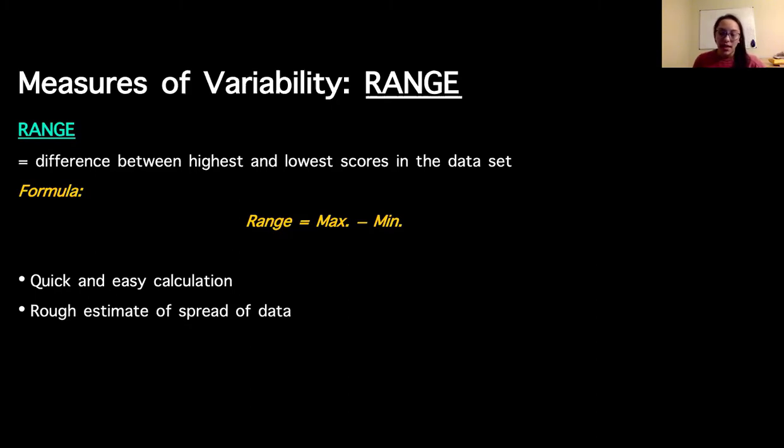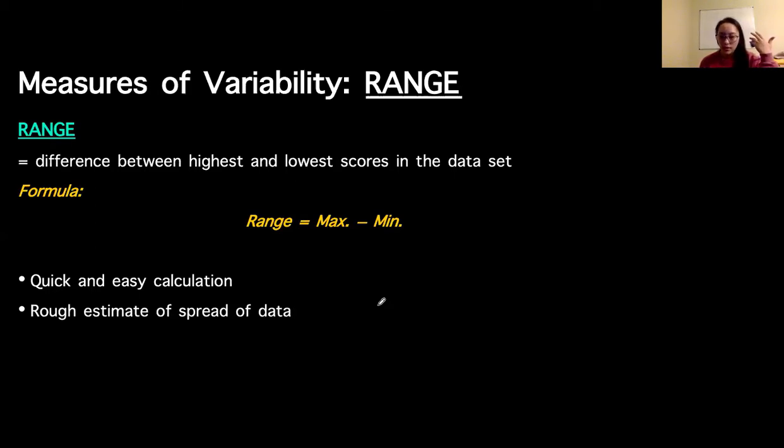And we say rough estimate because we know, at least last week, we talked about outliers or kind of extreme values that could exist within a distribution. So if we have, let's say we collected a group of students and we measured their ages, right?